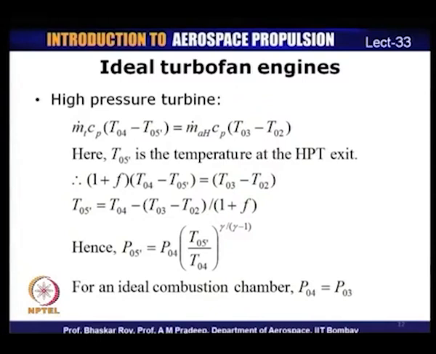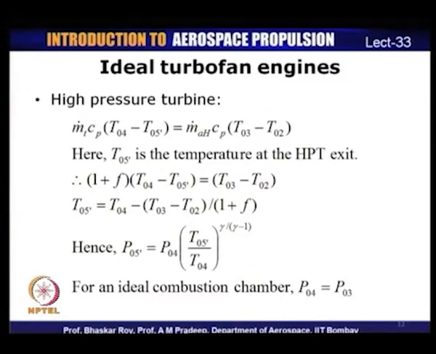Here T05 prime is the temperature at the HPT exit. This should be equal to m dot AH, the mass flow coming in from the compressor, where the subscript H denotes the hot core of the engine, multiplied by Cp into T03 minus T02.